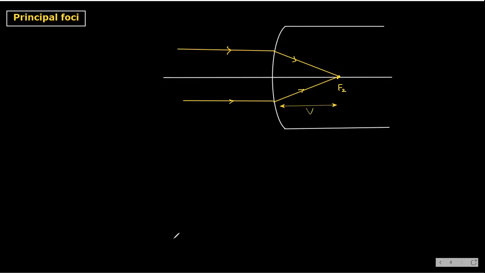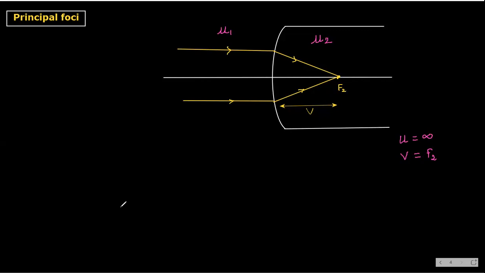And as these are the two media, this medium is having refractive index mu1, this medium is having refractive index mu2. Now, where is the object? Object is at infinity. So therefore, u is equal to infinity. And v is equal to F2, because from this point to this point, whatever distance is there, that is F2.